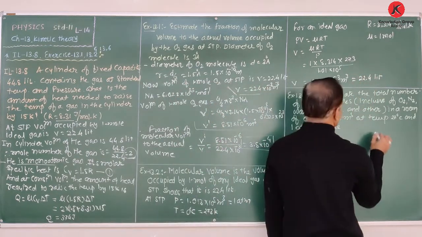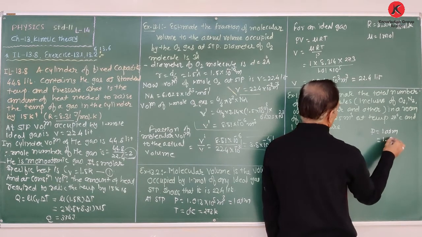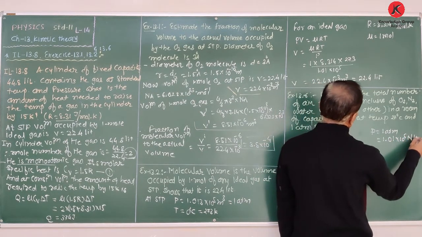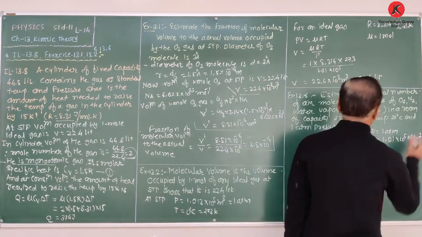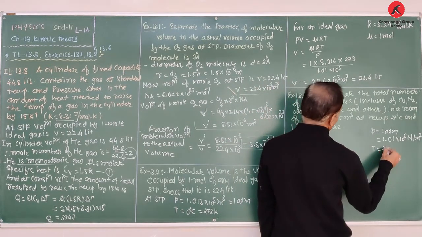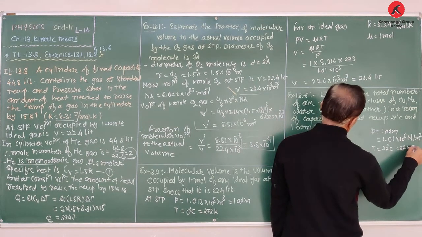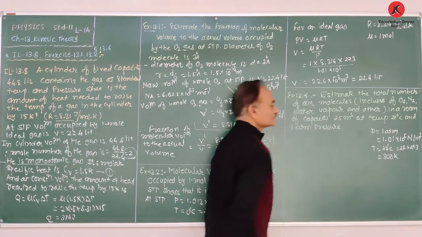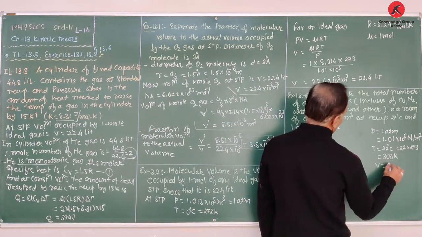Now keep in mind that the pressure is given as 1 atmospheric pressure, 1.01 into 10 to the power 5 Newton per meter square. That is the value of pressure. Now room temperature T is given as 27 degrees centigrade, therefore 27 plus 273, 300 Kelvin. Volume is given, 25 meter cube.